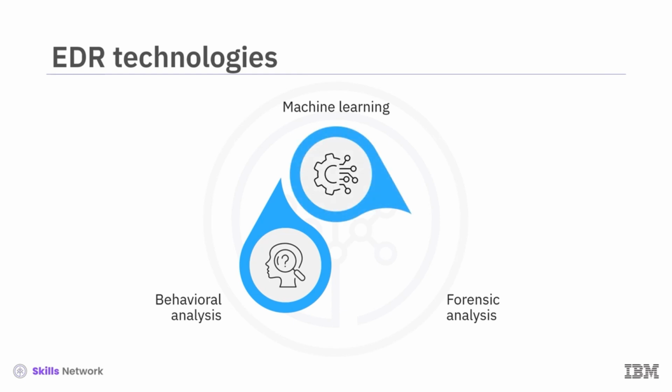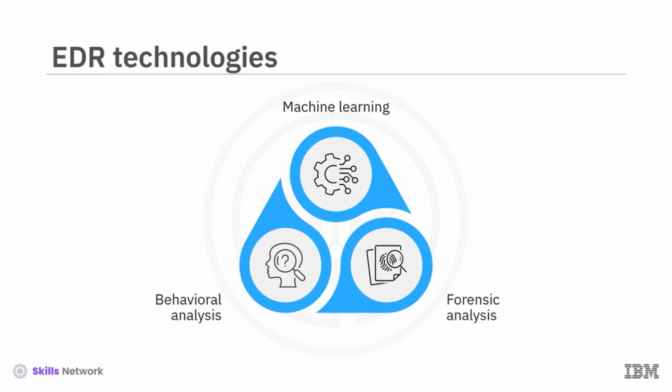EDR systems implement machine learning algorithms to analyze large datasets to identify patterns and anomalies associated with malicious activities. These algorithms improve over time, enhancing the accuracy of threat detection. Forensic analysis tools within EDR solutions allow security teams to conduct detailed examinations of compromised endpoints, including file system analysis, memory dumps, and network traffic captures.